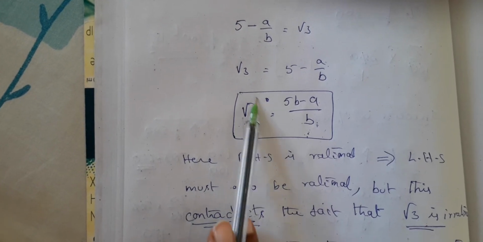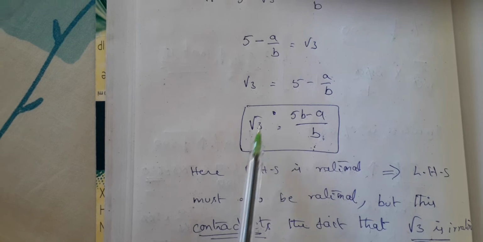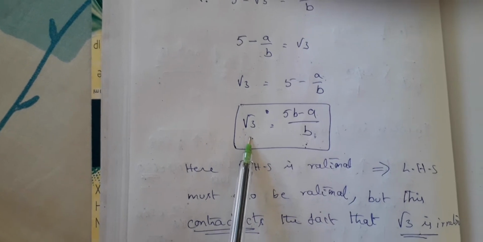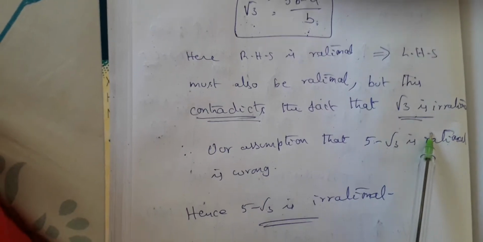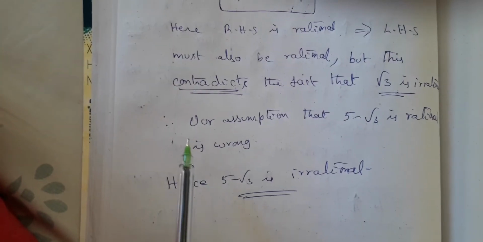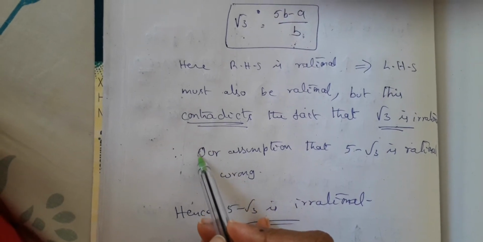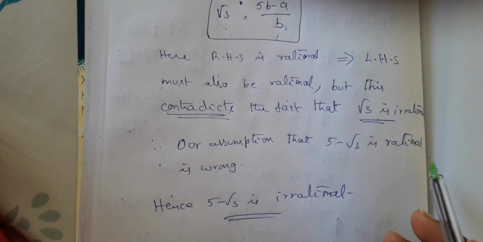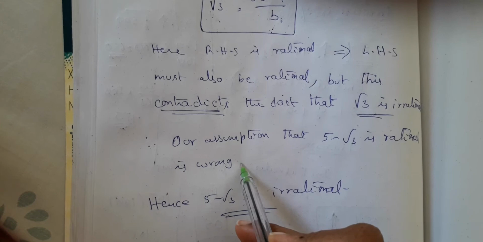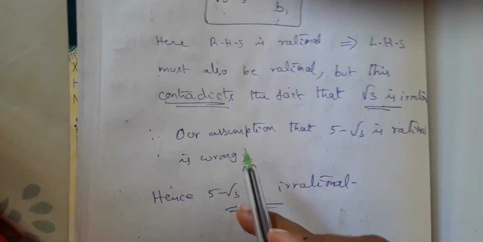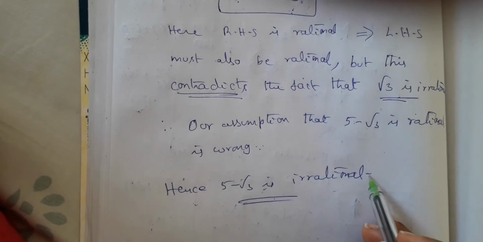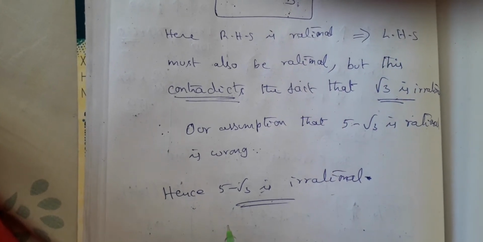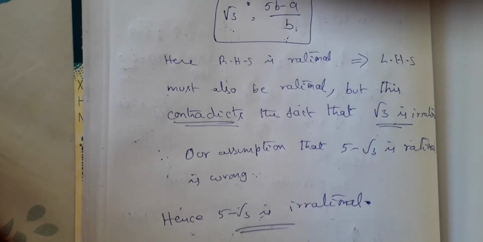But that contradicts the fact. This is a fact; there is no need for us to prove it: root 3 is an irrational number. So our assumption that 5 minus root 3 is rational is wrong. So what is right? Hence 5 minus root 3 is irrational. So this is how you need to prove.